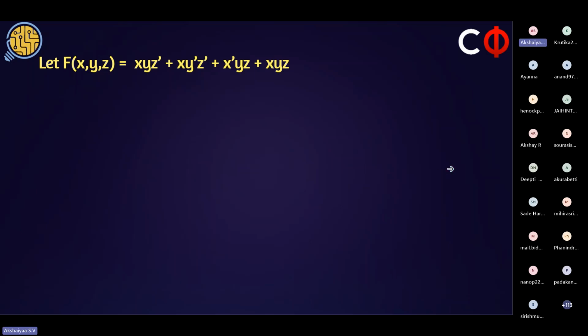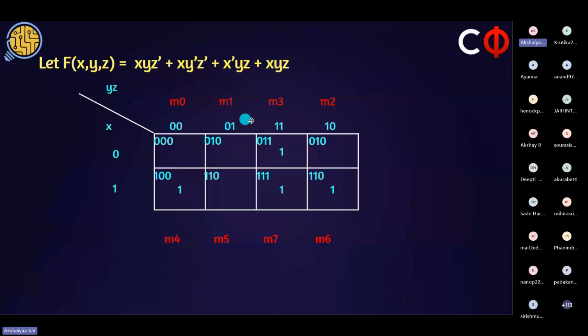So we'll go and draw the K-map. Since there are 3 variables, you're going to use a 3-variable K-map, right? It will be some x or x prime, next y or y prime, next z or z prime.